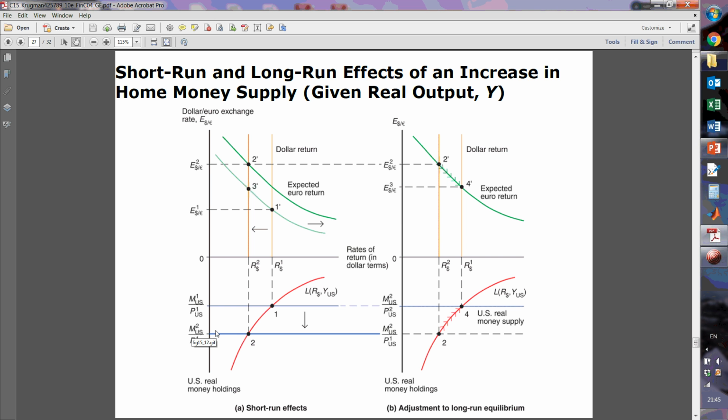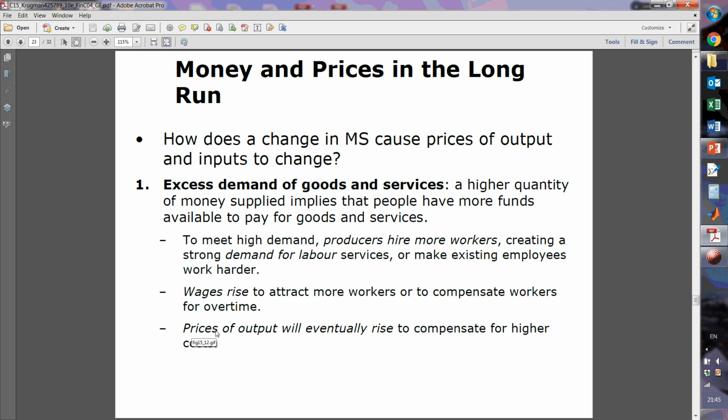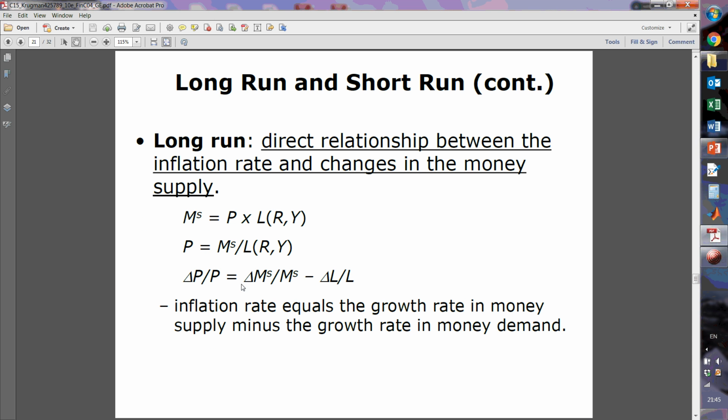But additionally, I'll go back a few slides. We have this equation which tells us that prices are linked to changes in the money supply, and people are aware of this. We assume in our model that they realize that although prices are currently fixed, eventually, in the long run, this increase in the money supply is going to result in an increase in the price level.